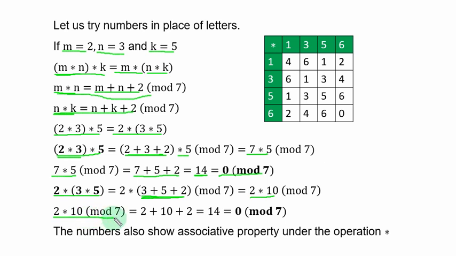We are taking n as 2 and k as 10. So you have n, that is 2 now, plus 10 plus the additional 2, that makes it 14. Divide 14 by 7, you have 2 remainder 0. So we have 0 modulo 7. If you check the results for both sides, it is equal. So the numbers also show associative property under the operation asterisk.